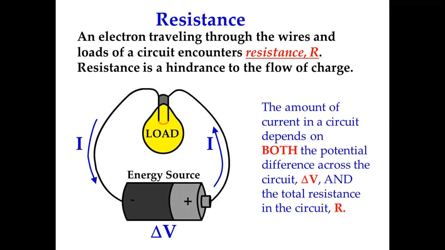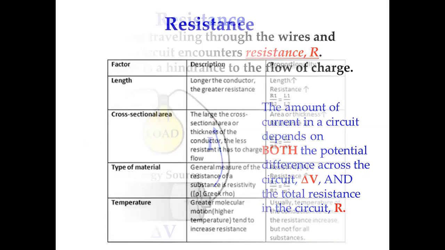What does friction do? Friction stops the proper flow. Resistance is the same like that. The amount of current in a circuit depends on the potential difference and the total resistance.